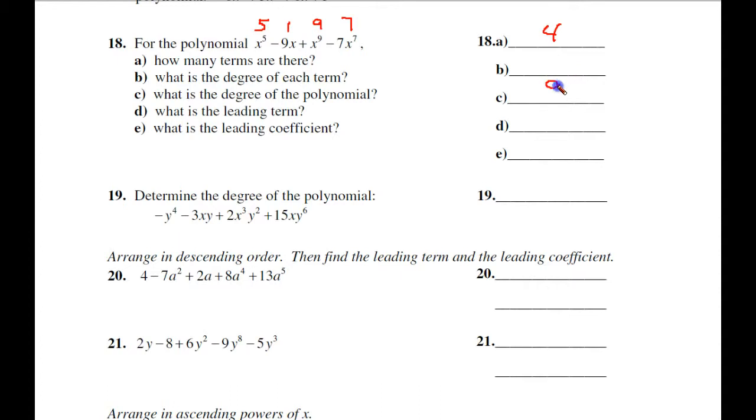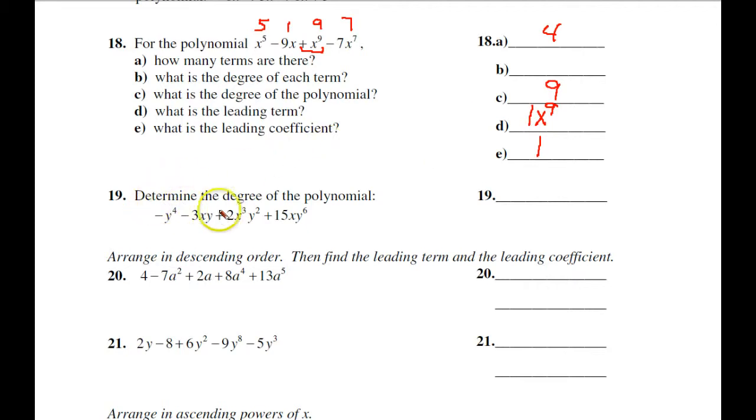So that's the degree of the polynomial. What is the leading term? Well, the leading term is the term with the highest exponent. So it'll be a x to the 9th is the leading term. What is the leading coefficient? Well, here's the leading term, so the coefficient of this term is a 1. Remember, if there's no 1 there, it is there. We just don't write it.